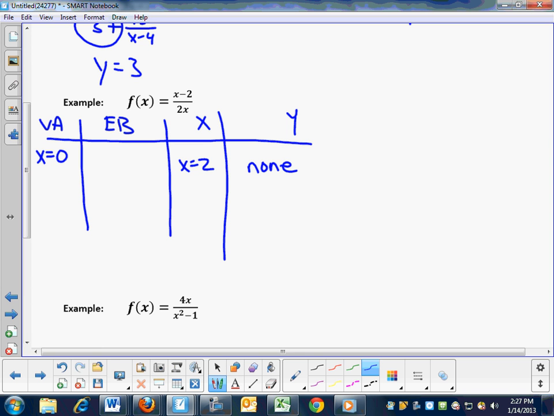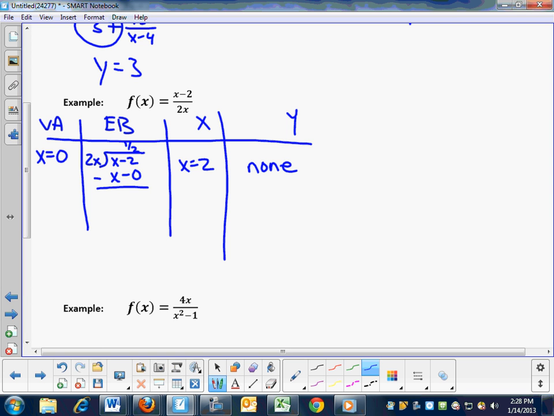End behavior. I take the top function, divide it by the bottom. 2x goes into x minus 2. What do you multiply 2x by to get x? 1/2. And you get x minus 0. We don't have anything after that. So you got x minus x is 0.